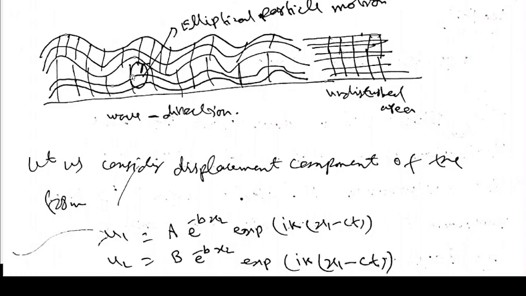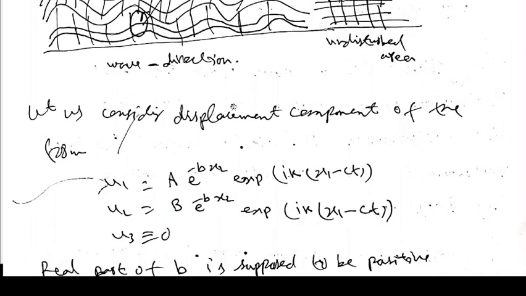You can see that the particle will move in the form of an ellipse. The direction of the wave is from left to right. The particle will also move from here to there, but in the form of an ellipse, like this, again like this, and they will reach this side.